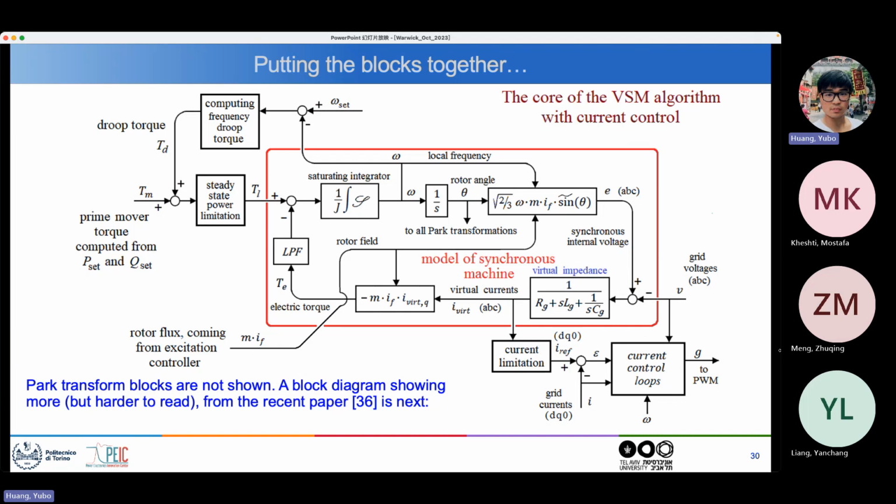You see the red block is almost the same as the red blocks that we had in the block diagram of the synchronous machine. There is a small difference in the stator impedance. You see, Rs plus sLs is exactly like in the synchronous machine, but then you also have a series capacitor.